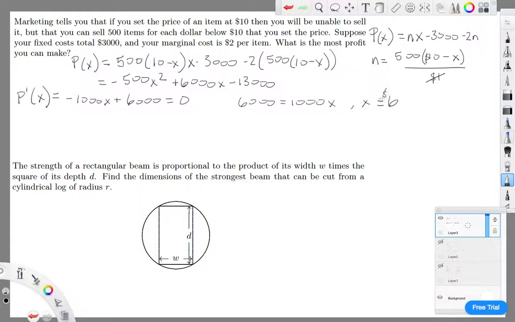And remember, this is $6. That's our price. Okay. So at $6, that's where we think, or we've calculated, our maximum profit will be. So we'll plug this 6 back into the original profit equation. You get negative 500 times 6 squared, or 36.